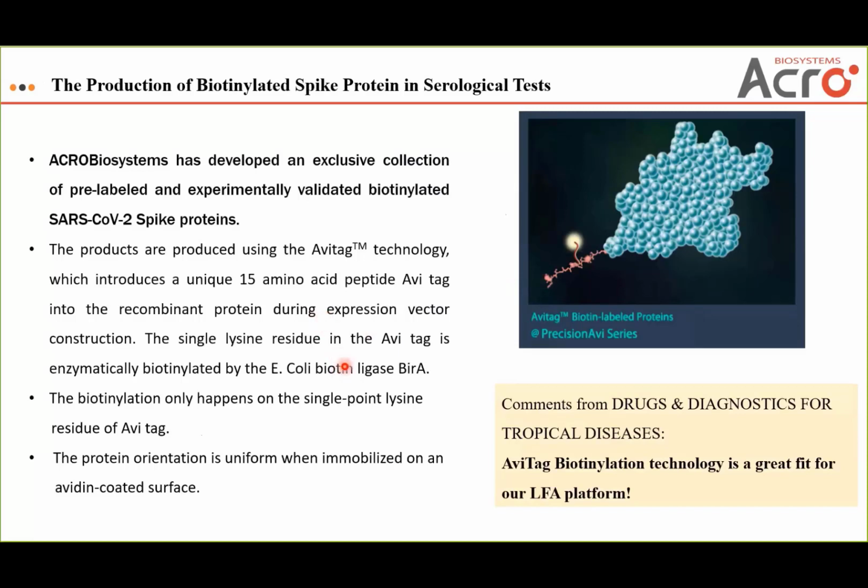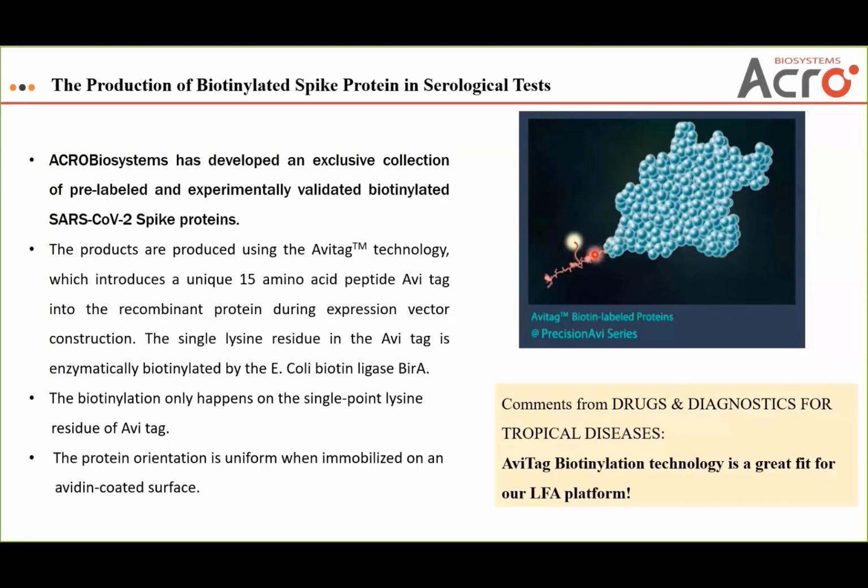Acro Biosystems has developed an exclusive collection of pre-labeled and experimentally validated biotinylated SARS-CoV-2 spike proteins. These products are produced using the AVI technology, which introduces a unique 15 amino acid peptide AVI tag into the recombinant protein during expression vector construction. The single lysine residue in the AVI tag is enzymatically biotinylated by the E. coli biotin ligase BirA. In this way, the biotinylation only happens on the single point lysine residue of AVI tag.